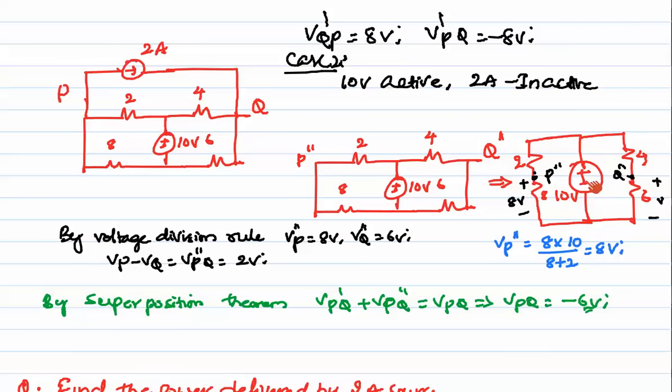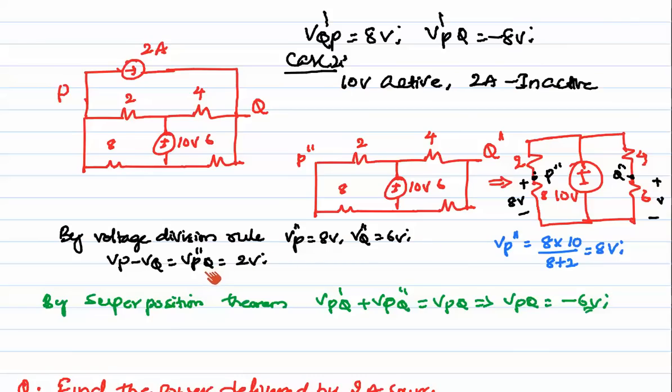If you redraw the circuit like this, then by using the voltage division rule, VP double dash is equal to 8 ohms into total voltage divided by 8 plus 2. Similarly, VQ double dash is equal to 6 ohms into 10 volts divided by 6 plus 4.